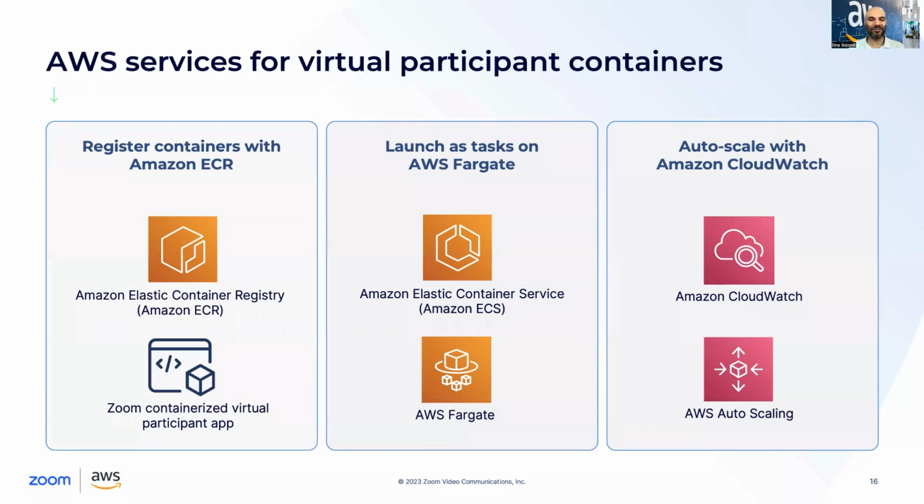And lastly, speaking of autoscaling, you can use AWS Auto Scaling, which integrates with Amazon ECS and helps it scale these virtual participant containers when there's high demand and scale them down when they need to be wound down.